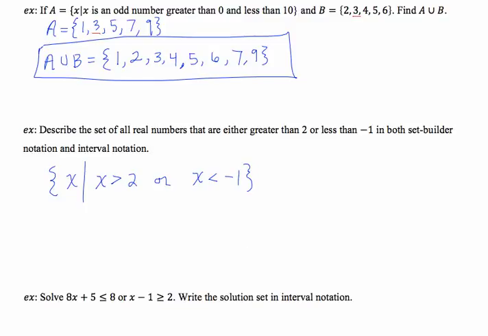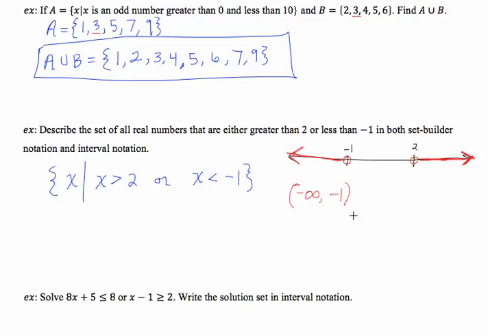Okay, now let's imagine this on a number line so that we can write it in interval notation. If x is greater than 2, here's 2, that would be these x values out here. And if x is less than -1, that would be these x values out here. So in interval notation, it would be the lowest number is -infinity, up to -1, not including -1.